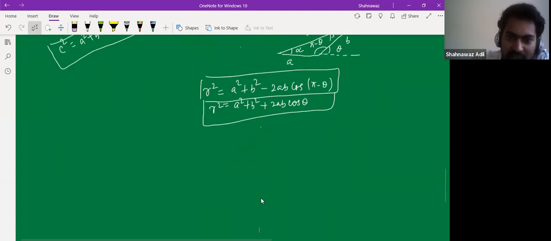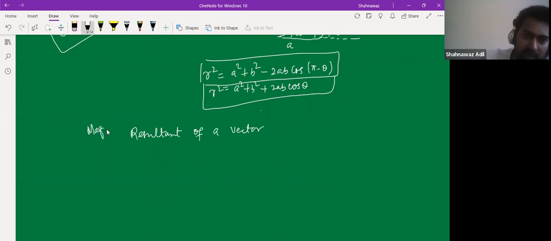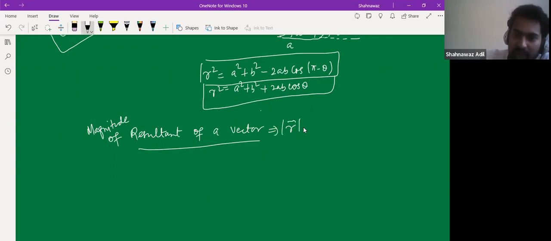So this was the resultant. So we calculated the resultant of a vector, let's say the magnitude. And this was R equals the square root of A square plus B square plus 2AB cos theta. And what about the direction?